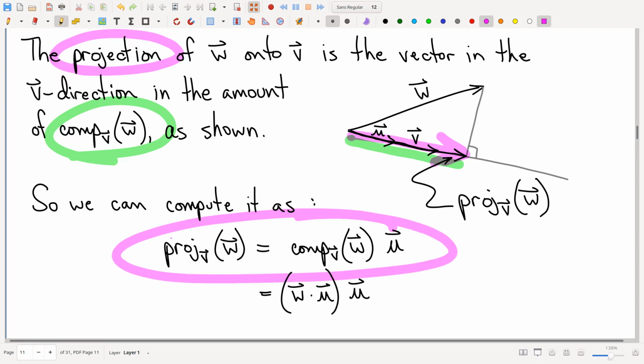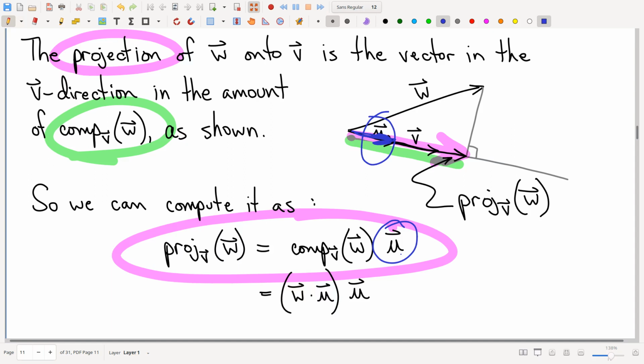After all, being a vector, I can understand any vector by just direction and magnitude. What's the direction that this vector points? Well, there's this little unit vector u here, just a unit vector pointing in the direction of v.